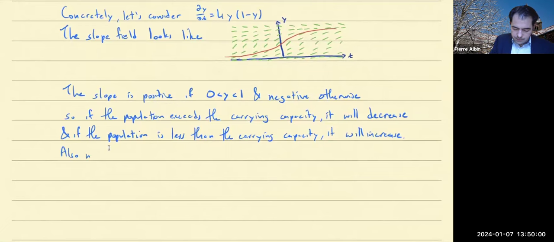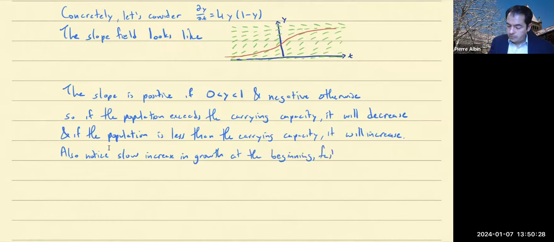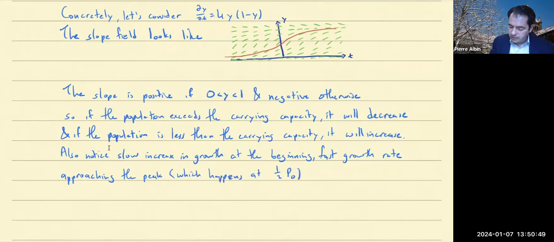Also notice slow increase in growth at the beginning, right, then fast growth rate, approaching the peak, right, which happens at precisely 1/2 of the carrying capacity.